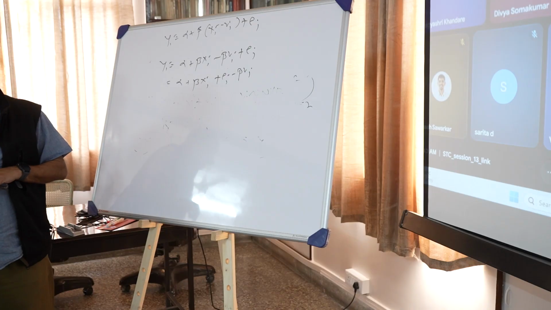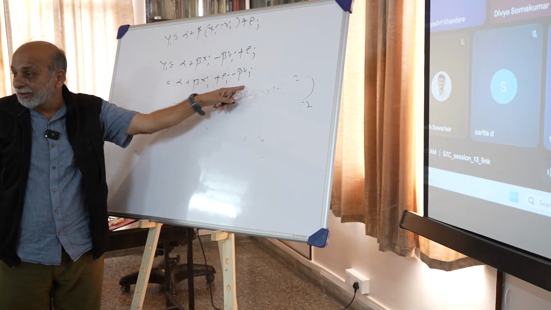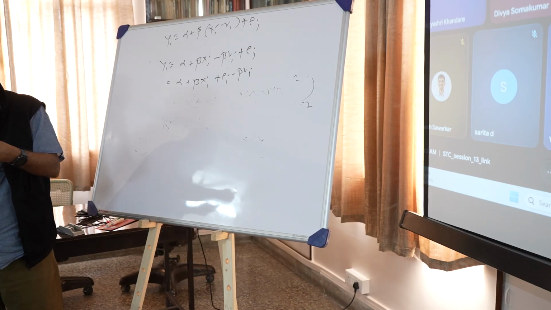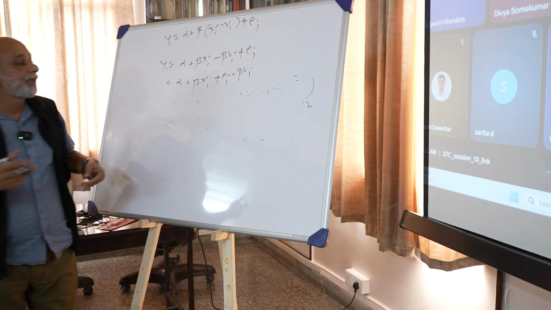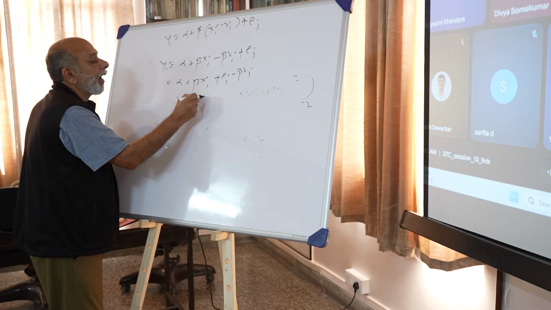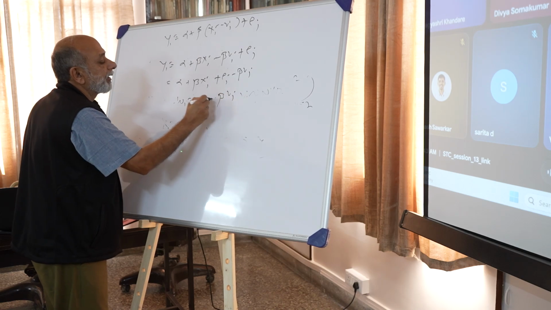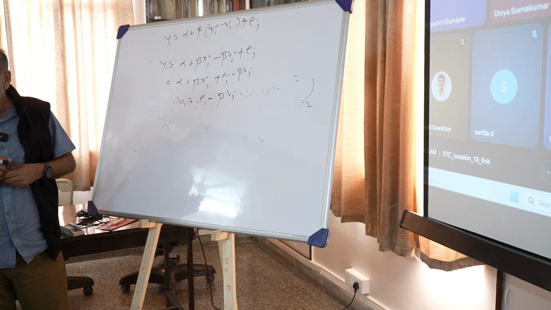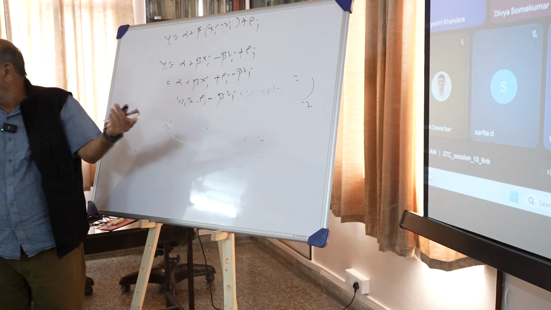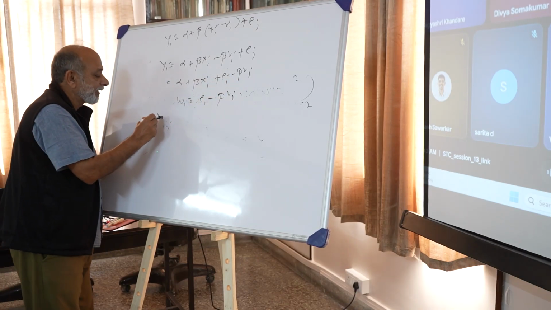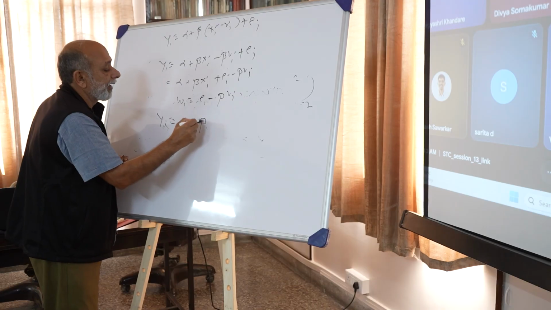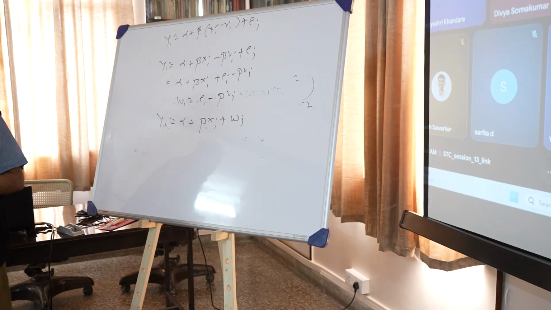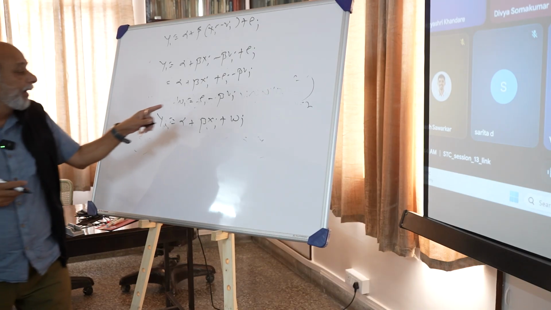Now this is an error term, this is an error term. So there is a new error term in your regression model, which I will call Wi. So let me call Wi is Ei minus beta Vi. Because Ei is not observable, Vi is not observable. So you basically get Yi is alpha plus beta xi plus Wi. What is Wi?